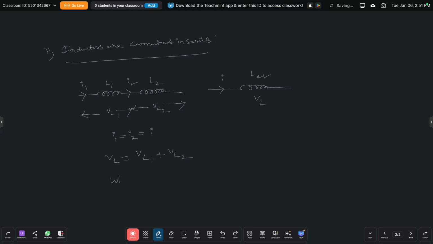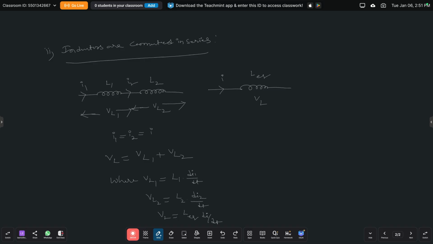Here the value of VL1 is equal to L1 into di1 by dt, and VL2 is equal to L2 into di2 by dt, and VL is equal to L equivalent into di by dt.